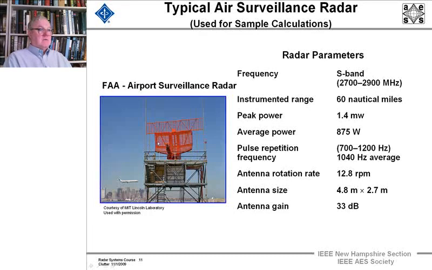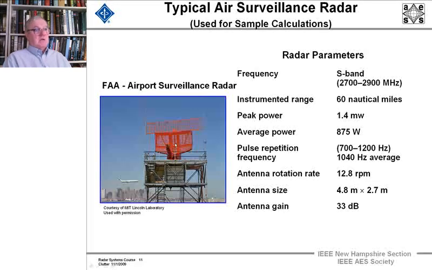This part down here is the radar antenna, and this section up above is a beacon antenna that does identification of the aircraft cooperatively, and sends out a pulse, interrogates, and then the aircraft sends back a message: yes, I'm that aircraft you wanted to speak to, and it sends back its identification and its altitude.